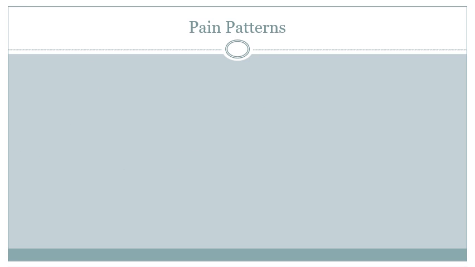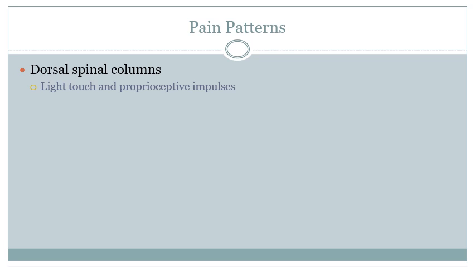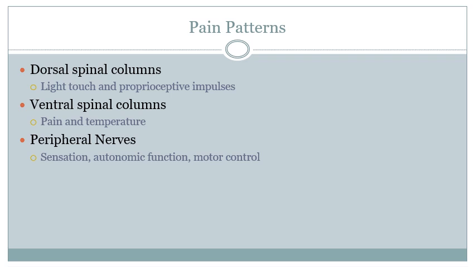As far as pain patterns go, we're just going to look at different parts. The dorsal spinal columns are responsible for light touch and proprioceptive impulses. The ventral spinal columns are responsible for pain and temperature impulses as they travel from the peripheral receptors and enter the spinal cord. And then you have your peripheral nerves, which are responsible for various things.